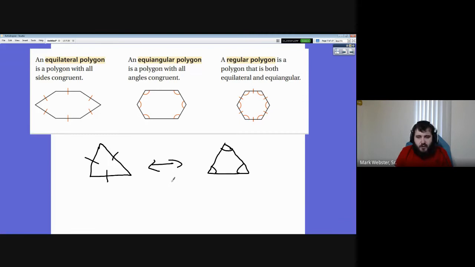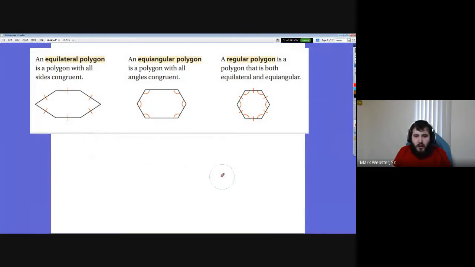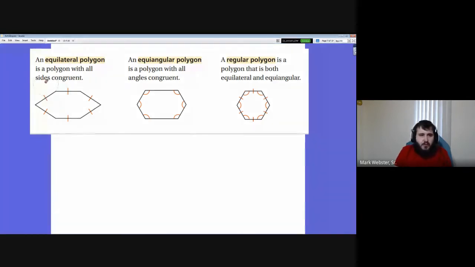And vice versa. So for triangles, this is true. That's the only shape simple enough to get this.